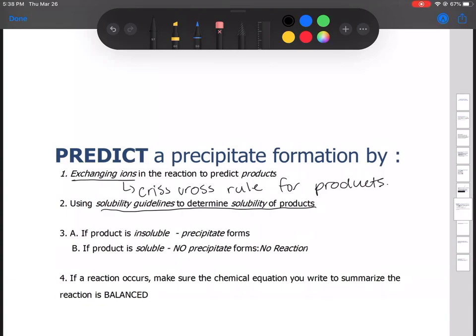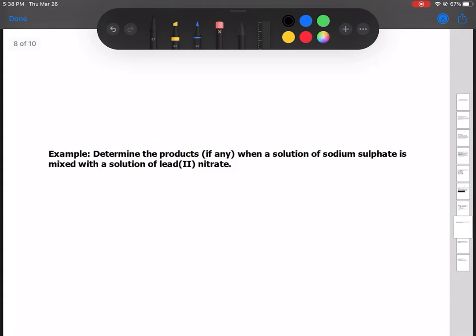Then you have 2 possibilities. You're either going to get 1 precipitate, or you're going to get two products that are soluble, which means no reaction. And if the reaction occurs, of course, always make sure that it's balanced.